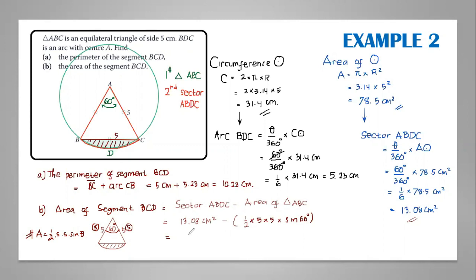Okay, next. So sector ABDC is 13.08 centimeter square minus the area of the triangle, which is 10.83 centimeter square. So finally, we find the final answer.